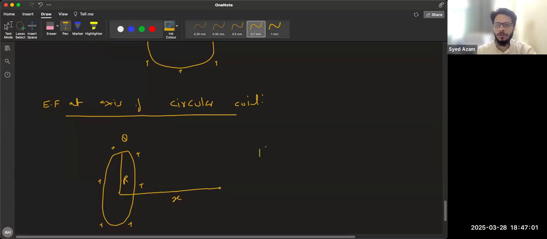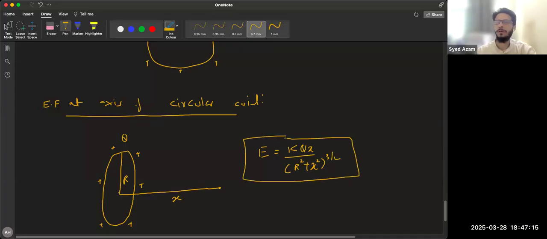The field at this point is KQX over (R square plus X square) to the power 3/2. This is the expression of electric field on the axis of a circle.